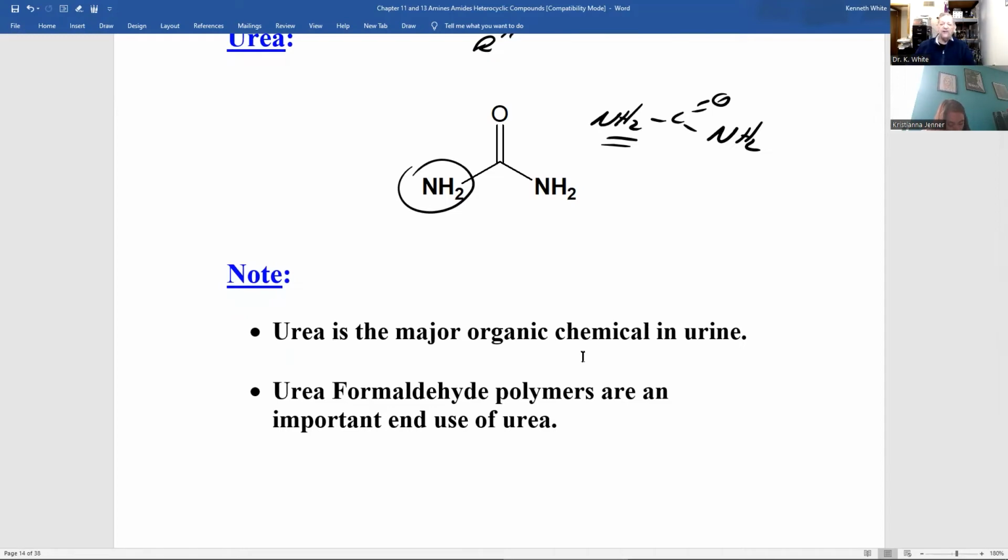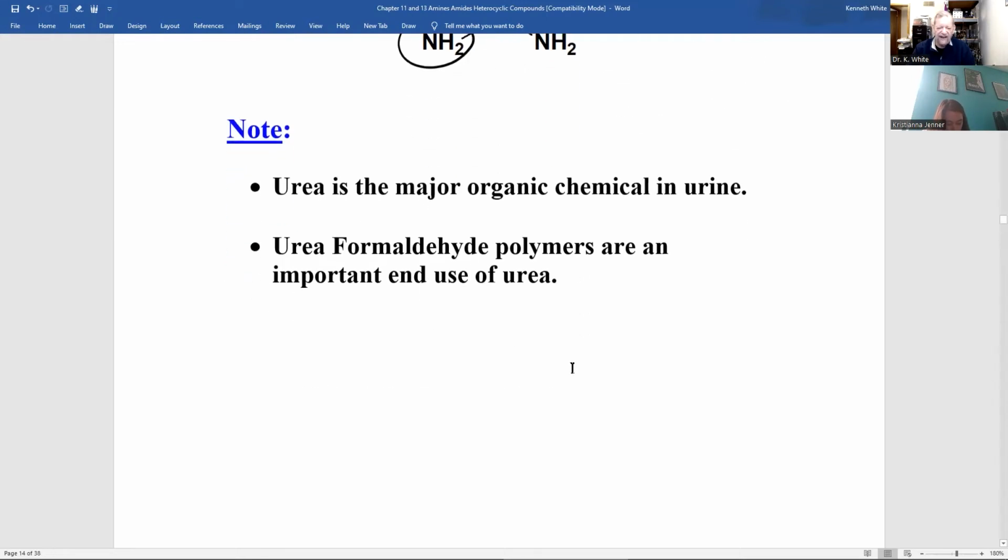And that's one way your body gets rid of nitrogen waste, by eliminating urea. Now, urea itself reacts like amides, and I've used it to make certain polymers. And I'll talk more about urea when we get into polymers.